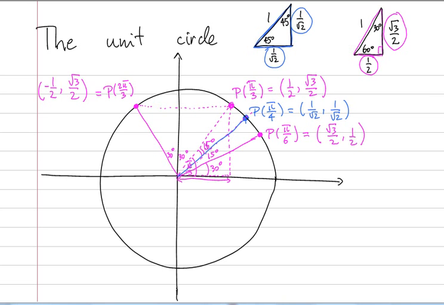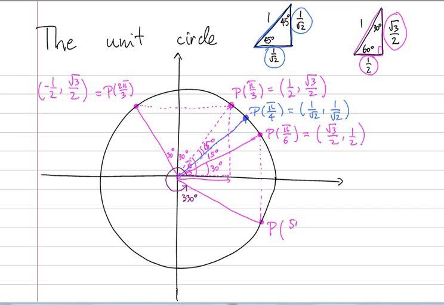Now if you mirror that point in the x-axis, you're going to get an angle of negative 30 degrees or 330 degrees. So starting from the initial ray being the x-axis going to the terminal ray makes this angle 330 degrees, and that ends up being 11 pi over 6.